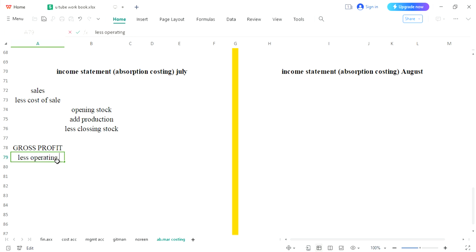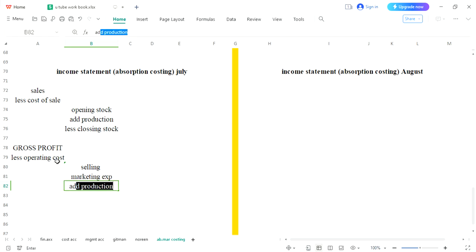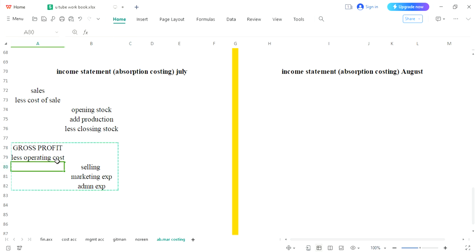In operating cost, what we usually have are selling expenses, marketing expenses, and admin expenses. Normally these sorts of expenses would be present. And here I would like to introduce a new phenomenon, and I need your attention.